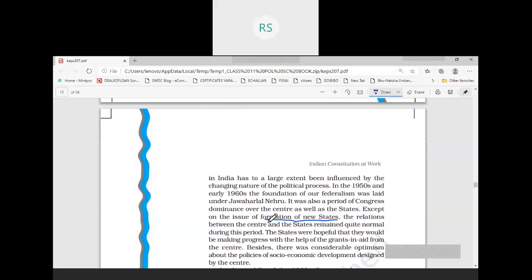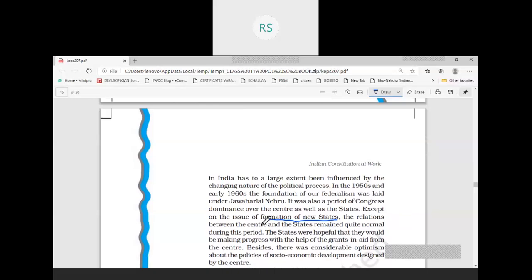And all the people belonging to different states, all the leaders, had an optimistic view about the policies of socio-economic development which were designed by the center. So there was no conflict. The only conflict arose over the formation of new states.